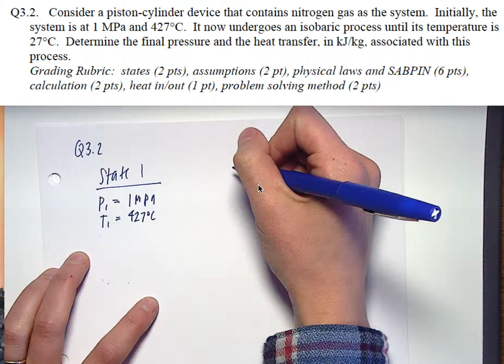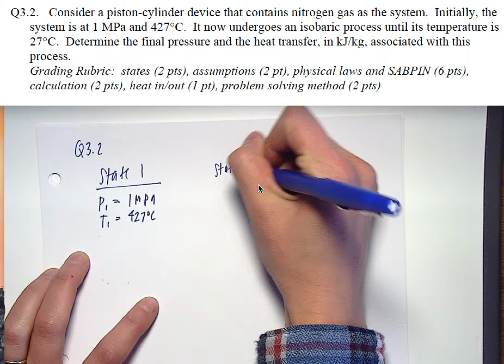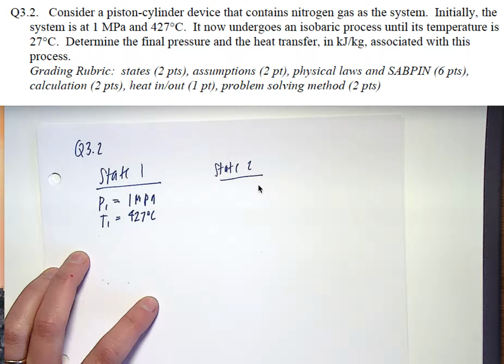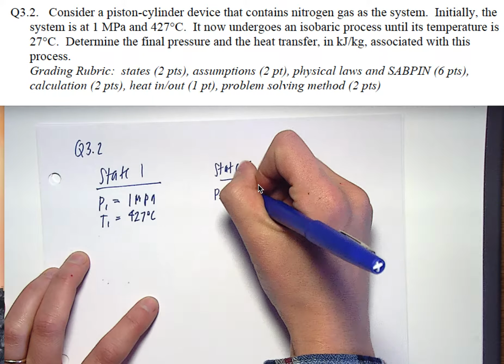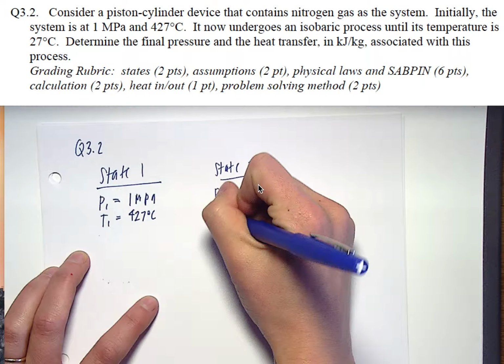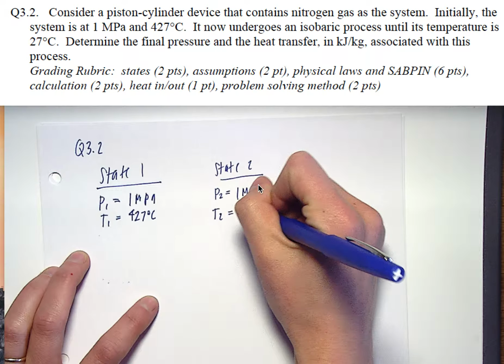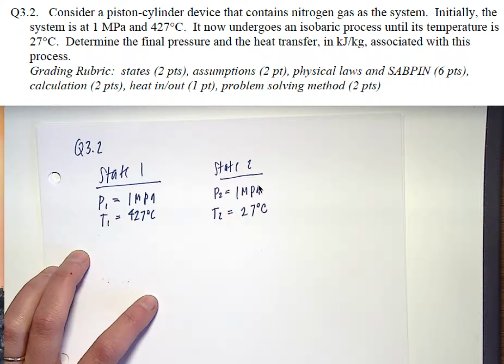This piston cylinder undergoes some process that keeps a constant pressure. Isobaric means constant pressure. And the temperature changes to 27 degrees C through that process.